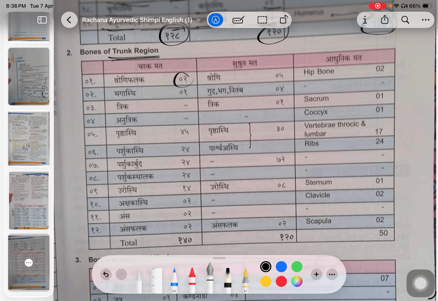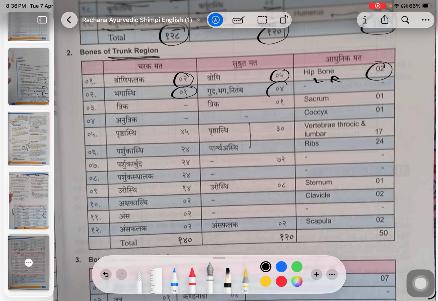So Shoni Falakar 2, here they have considered Shoni as 5 and hip bone is 2. Two hip bones, left and right. Now Bhagasthi, they have considered 1.